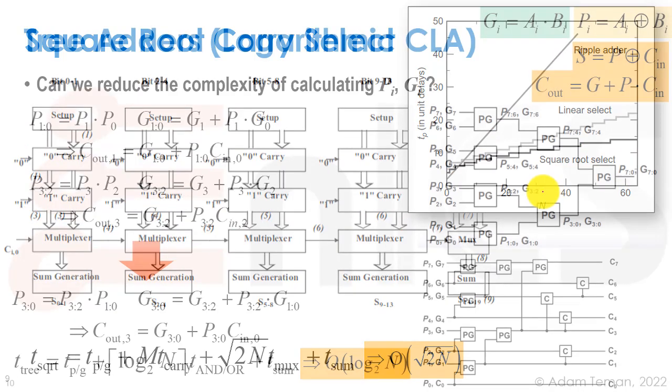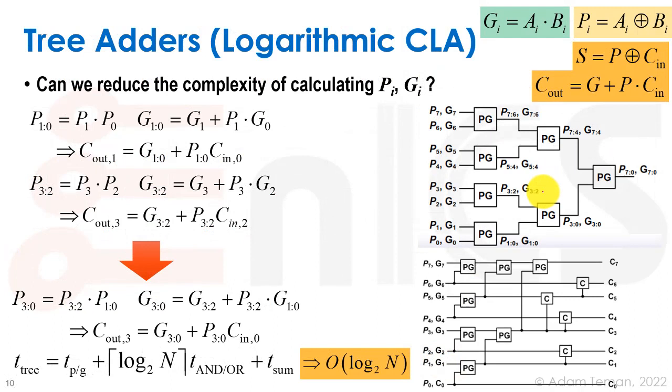So let's remember what a carry look ahead adder is, or what a tree adder is in general. A tree really provides us a logarithmic reduction. It depends on the radix of the tree, but with a radix 2, we're going to have a log 2 type of reduction. So I'm going to remind you how a carry look ahead adder works. Over here we have the formulas for generate and propagate.